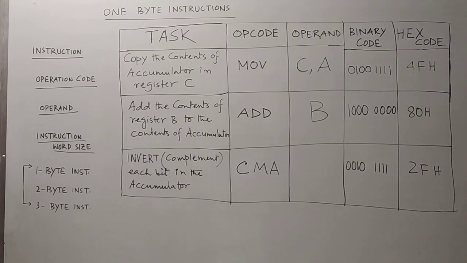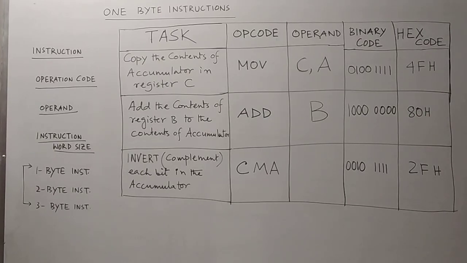In the second instruction, that is ADD, the operand B is specified and the accumulator is assumed. ADD B comma A, or simply ADD B, means the value in the register B will be added to the accumulator.